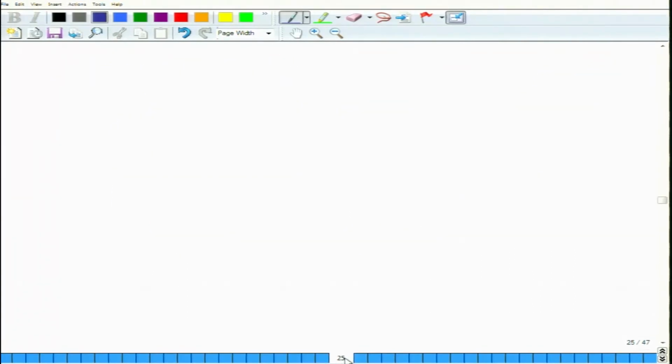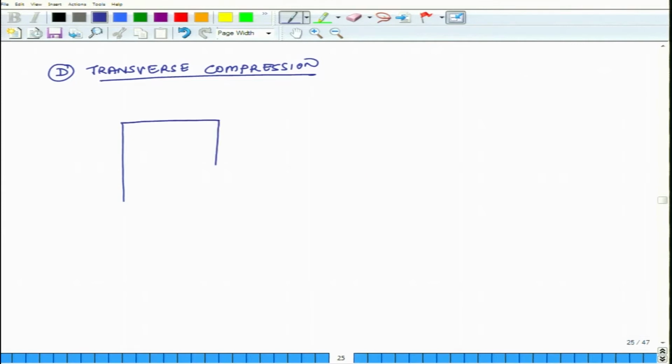The next one is transverse compression. So, again let us see how it looks.